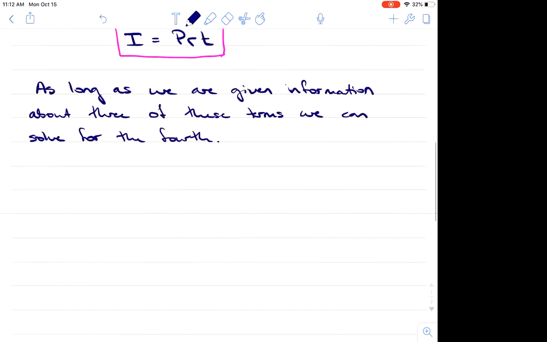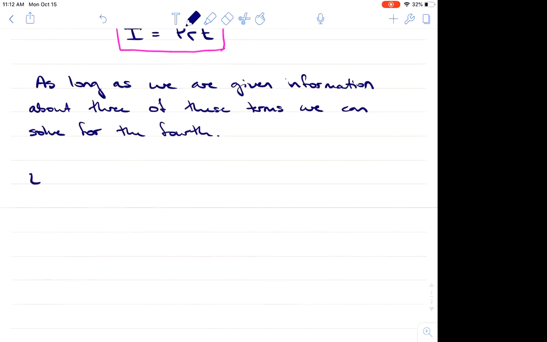Let's do an example. Example 132. If $5,000 interest is earned in 1 year, so you earn $5,000 in interest, that's great. Sign me up.